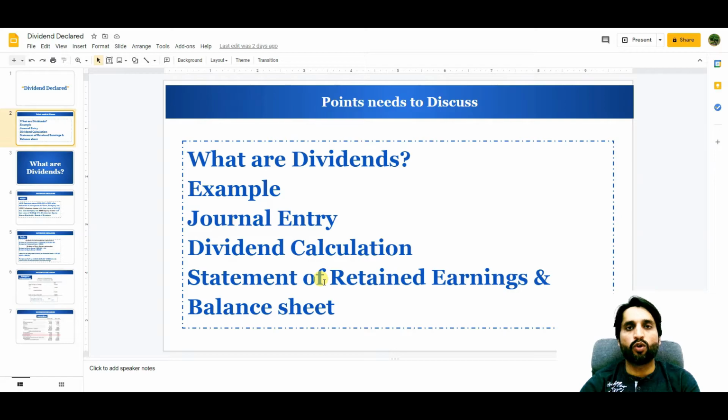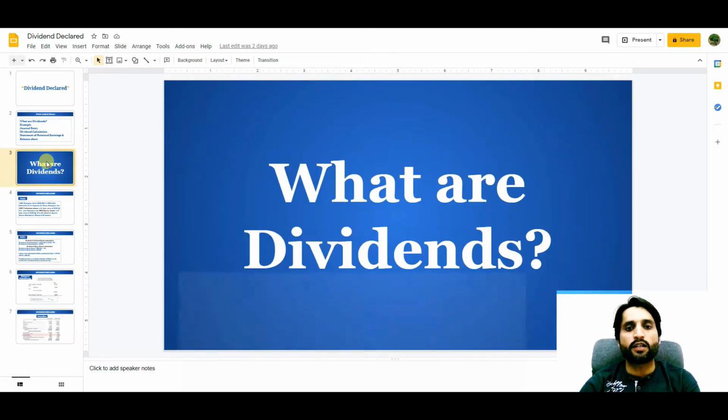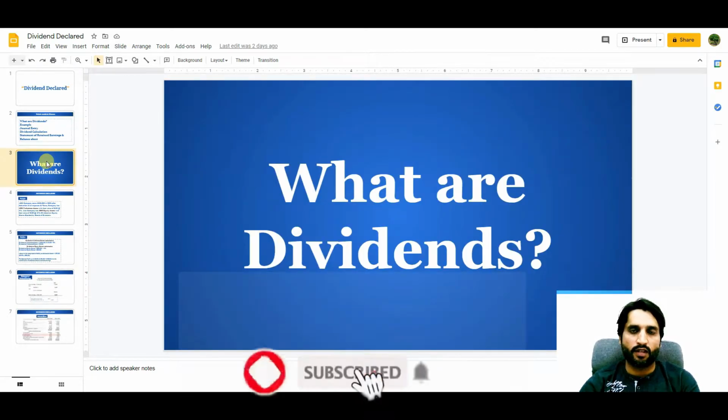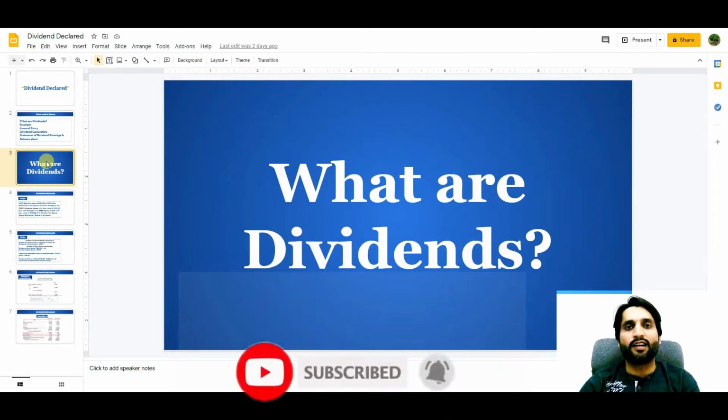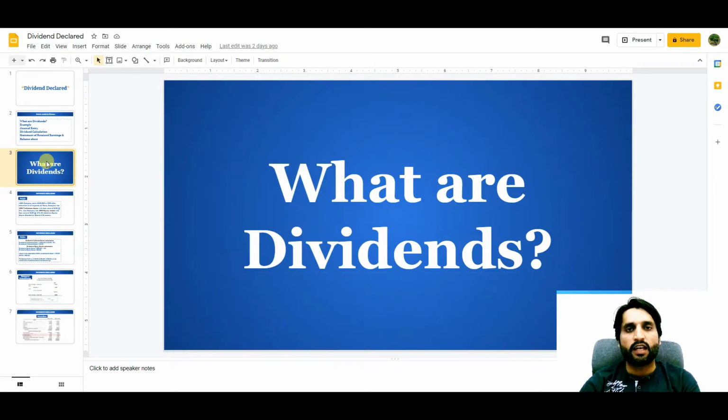So first of all, we would like to know what dividends are. Dividends are the return on investment for the shareholders. This is a portion of a company's net profit. If the company is making much profit, then the board of directors decides to pay dividends to the shareholders or the stakeholders who have invested in those companies.